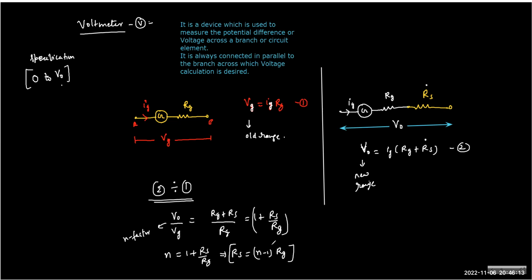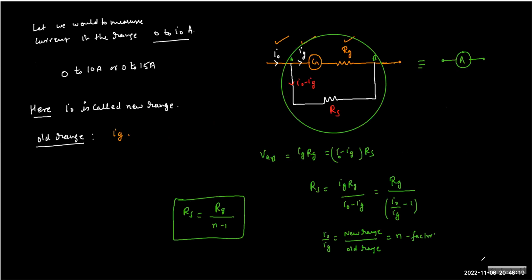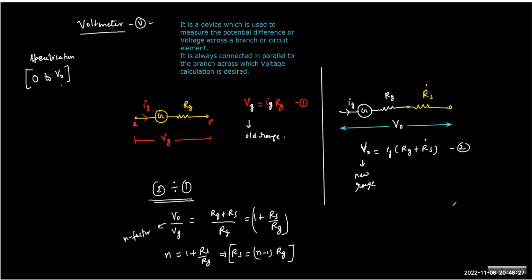So anyone getting the answer? See, it is based on only these two concepts. You have to draw the circuit, write the circuit equation, and then solve. And always remember, shunt depends on the context. So shunt of voltmeter is different from shunt of ammeter.